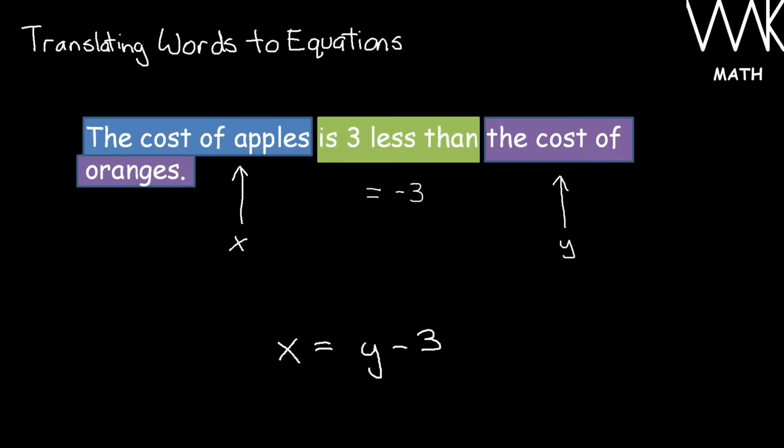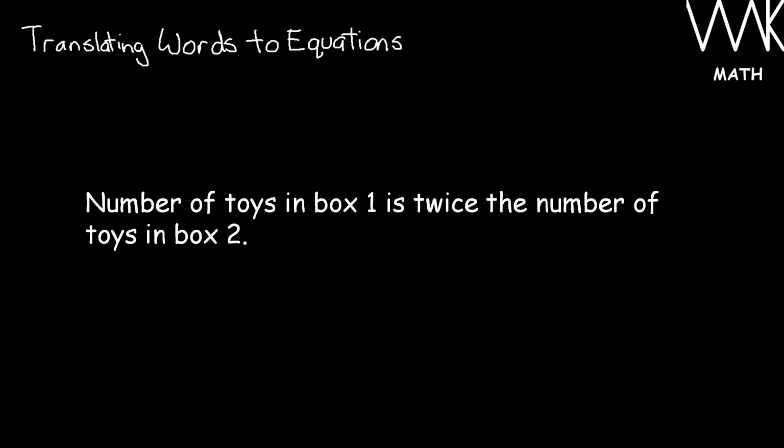Alternatively, your equation could also be X equals minus 3 plus Y. They both mean the same thing in this case. Now, let's take a look at our second example. The number of toys in box 1 is twice the number of toys in box 2.